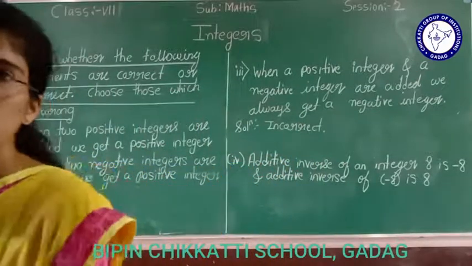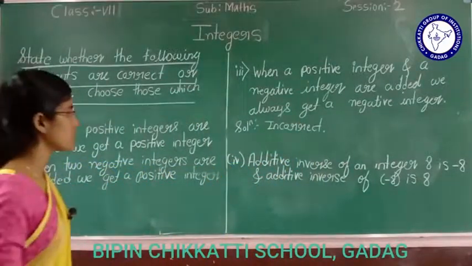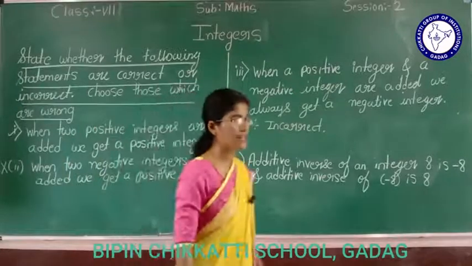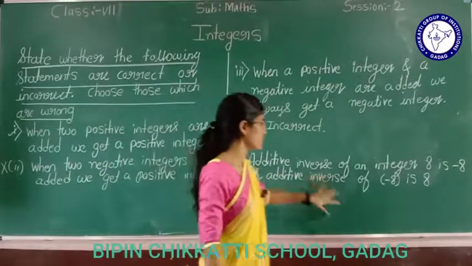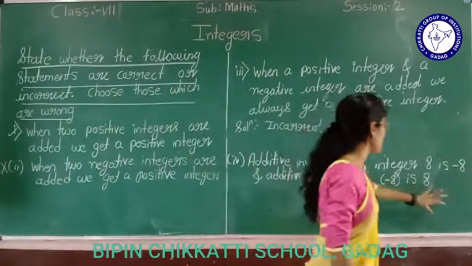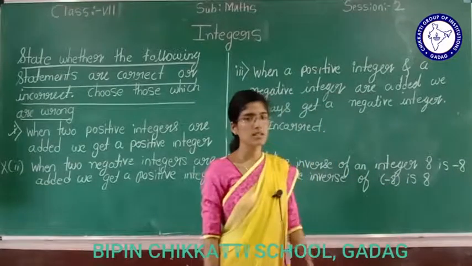Now see here, the additive inverse of an integer 8 is minus 8 and the additive inverse of minus 8 is 8. This statement is correct.